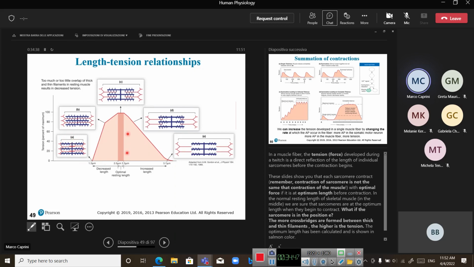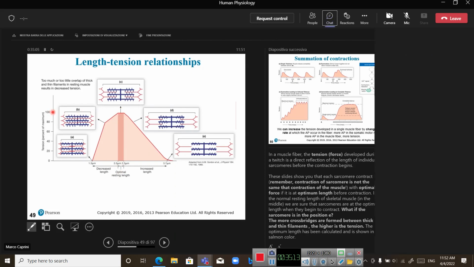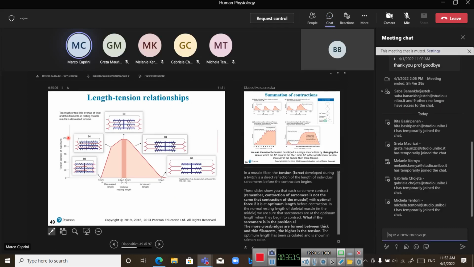Here, yes, at 2 to 2.3 micrometers, I can produce the best tension because it has been calculated by scientists that work on skeletal muscle, and in this condition, I have the best condition to produce the best tension in a skeletal muscle.